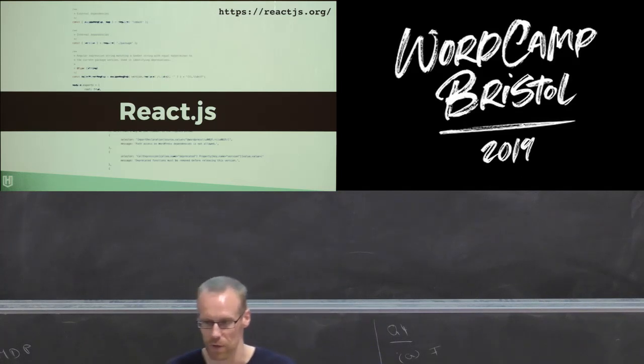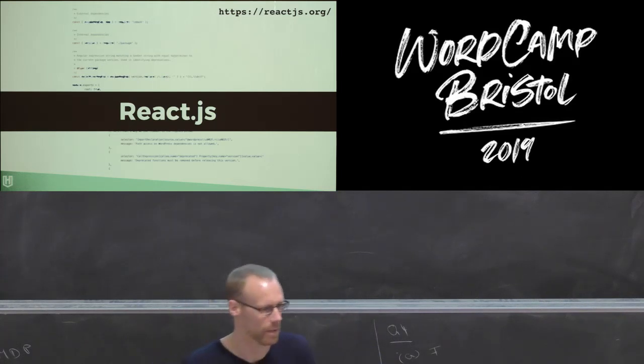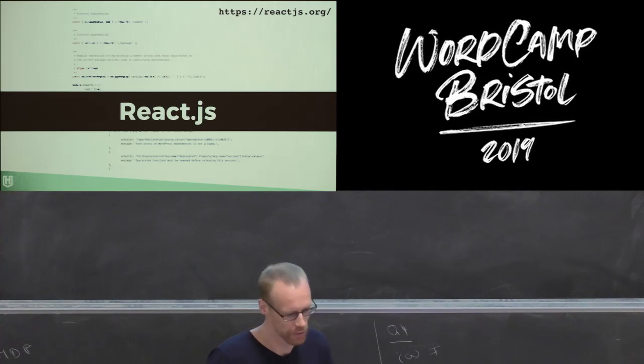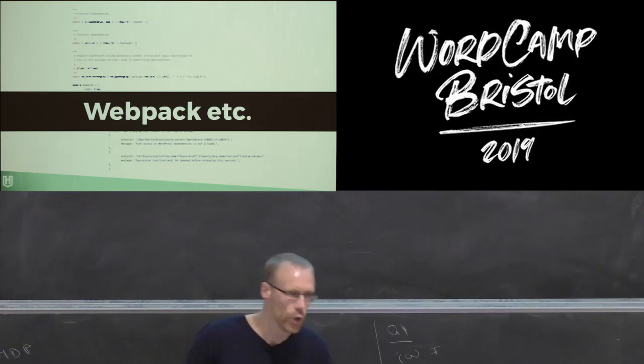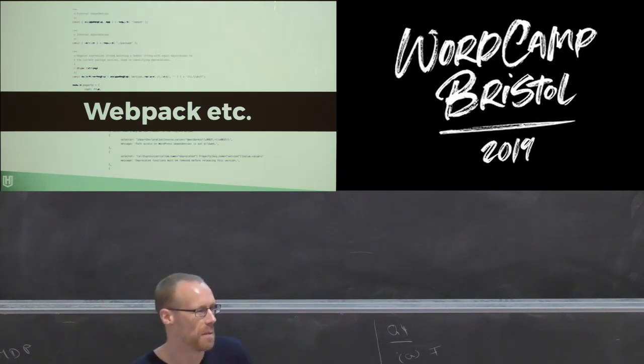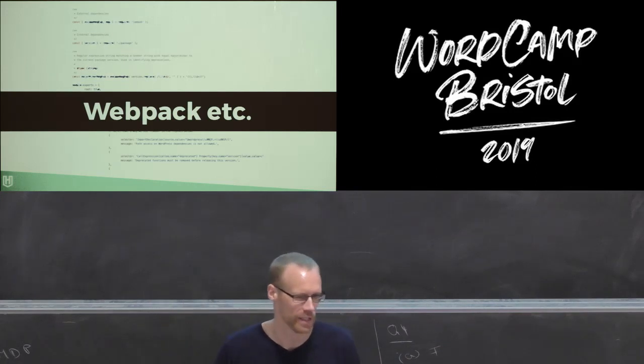So if you've got some knowledge of it and you can understand how it works, I think it will certainly help you build blocks in the way in which Core builds its blocks. But I don't think it's essential. It also uses lots of other cool stuff that I don't know about to actually compile all the JavaScript and to do all sorts of fancy things that I don't understand.